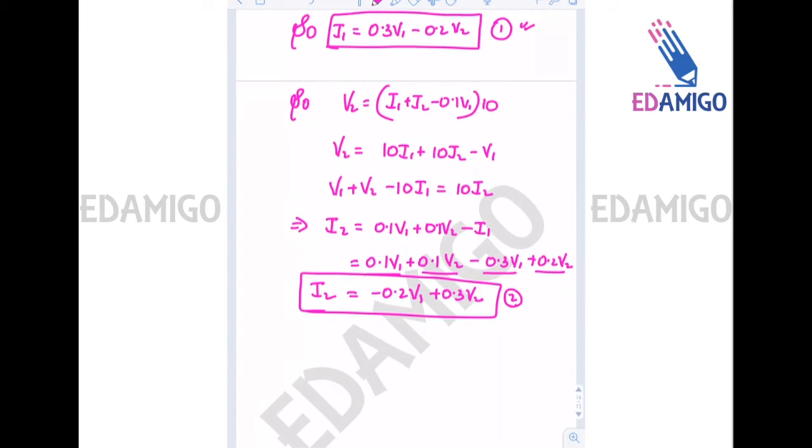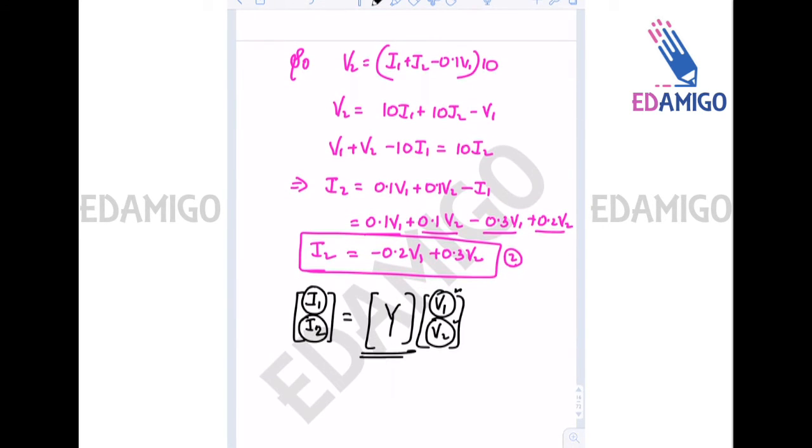Now, as we know, the Y matrix has a relationship like this. This is the Y matrix, V1 and V2. So I1 has to be written in terms of V1, V2. I2 has to be written in terms of V1, V2. And this is the Y matrix.